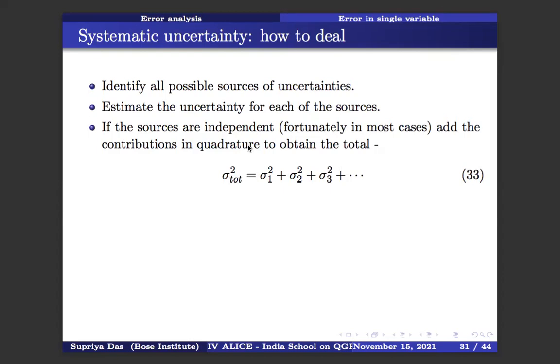Estimate the uncertainty for each of the sources, and then if the sources are independent, fortunately in most cases they are independent. The sources of systematic uncertainty do not depend on each other. Add the contributions in quadrature to obtain the total uncertainty. Why it should be added in quadrature will also come in due course in the discussion.